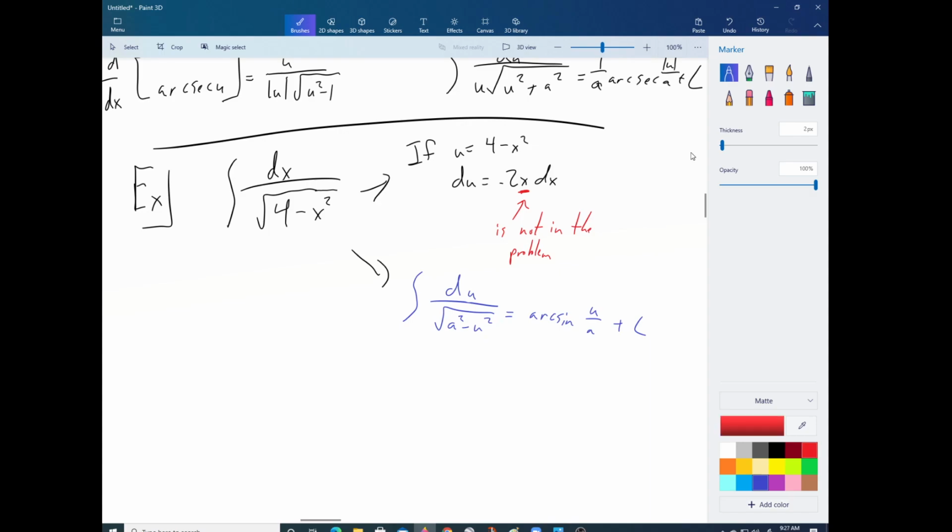What we can do here is we can say that our a would be 2, because it's 2 squared, and our u would be x, and whenever you use just x, just leave it as x. Just use the x's instead. So this would give us 2 squared minus x squared, which will put things in this order.